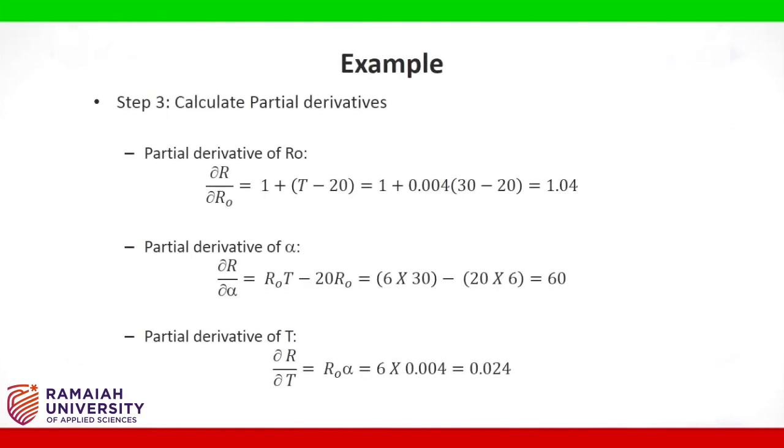In the third step, values of partial derivatives of R with respect to R naught, alpha and T are calculated. In this manner, the partial derivative of R with respect to R naught yields a value of 1.04. The partial derivatives of R with respect to alpha and T give values of 60 and 0.024 respectively.